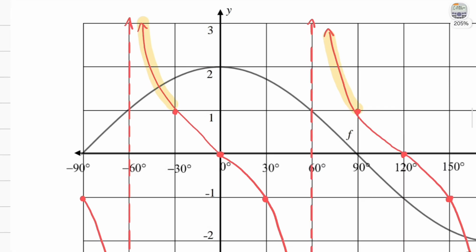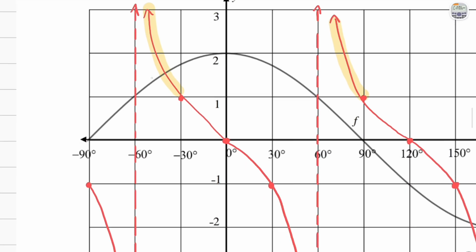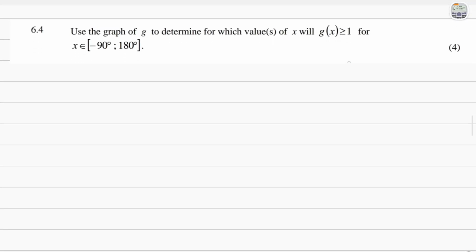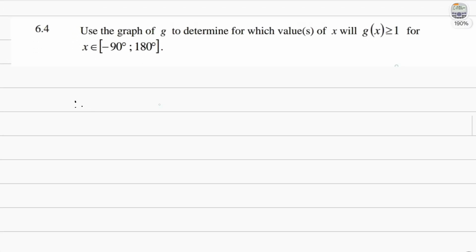From this first part, we can see that x is greater than negative 60 degrees, not equal to because we have an asymptote there, and less than or equal to negative 30 degrees, because at negative 30 degrees the y value is 1. So the first part is where x is greater than negative 60 degrees, but less than or equal to negative 30 degrees.